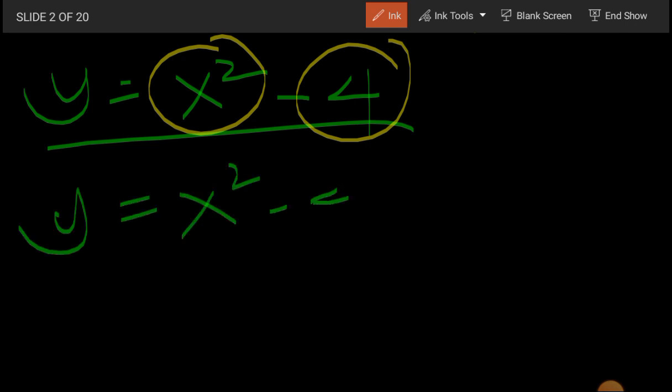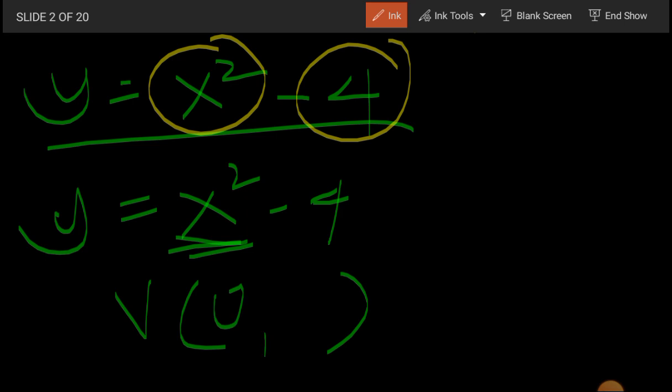So x squared minus 4 is already in vertex form, and for the vertex, the quadratic term does not have a paired constant, so understood it's already 0. H is already 0, and the constant term negative 4 is the k. So the vertex of the parabola is found at (0, negative 4).